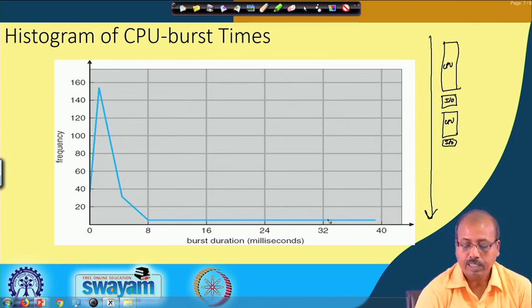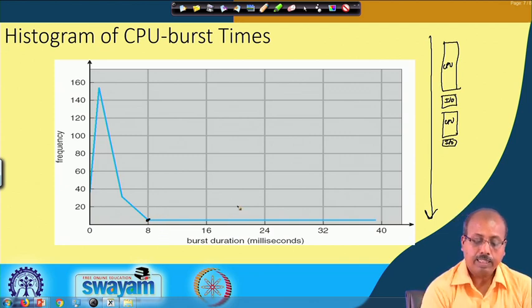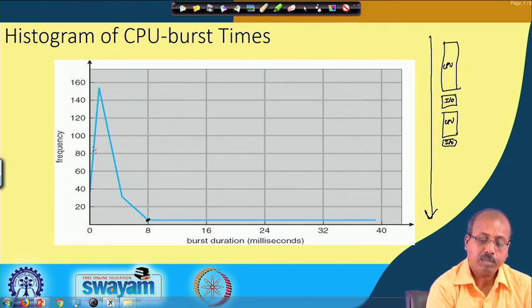Here, after the burst size 8, the number of CPU bursts has become very small. Whether it is 0 or not is a debatable issue that depends on the particular program, but in general it becomes small.